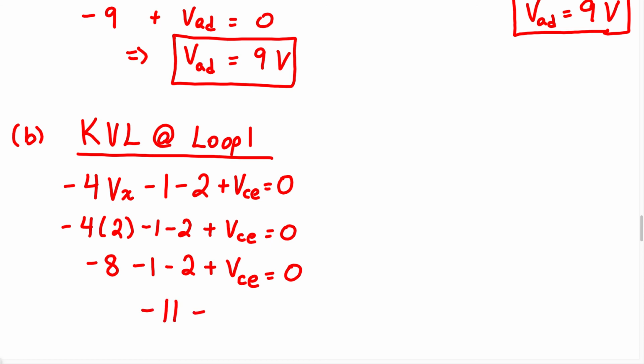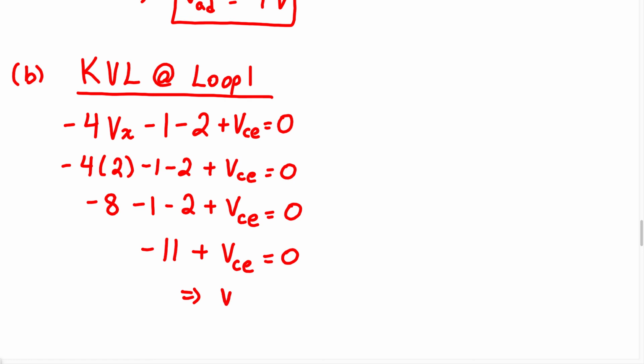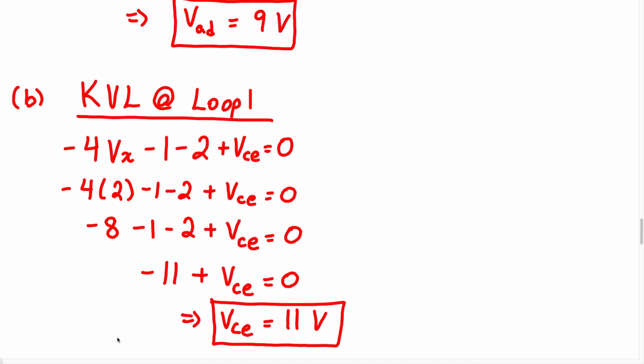This is going to give us negative 11 plus VCE equals 0. Therefore, VCE equals positive 11 volts. So this is our answer for the voltage across the terminals C and E.